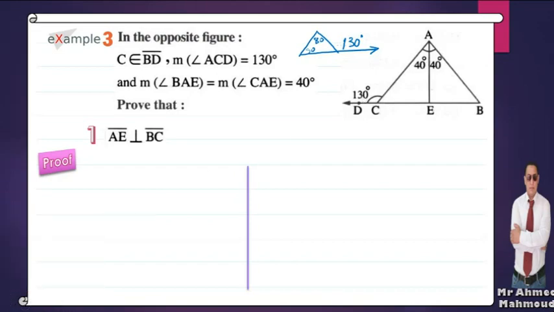Here we have triangle AEC. Angle ACD is an exterior angle. Then we can find this angle: 130 equals this number plus 40. Then this angle equals 130 minus 40 equals 90 degrees. That means this angle is a right angle, therefore AE is perpendicular to BC.